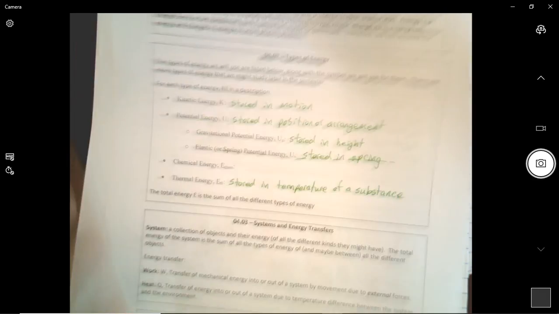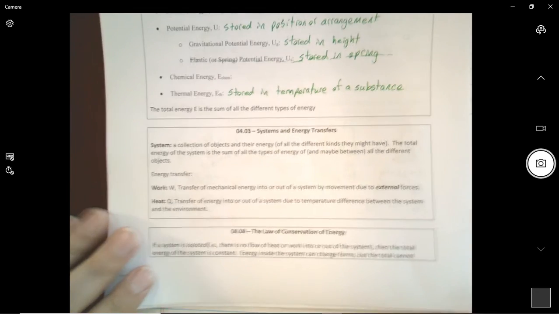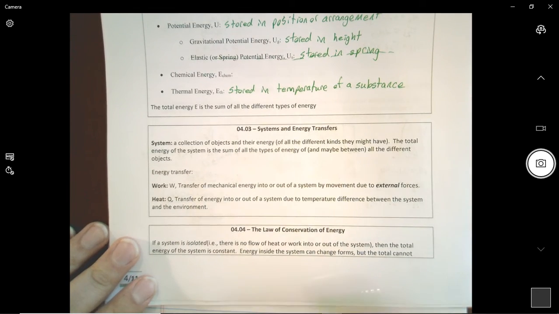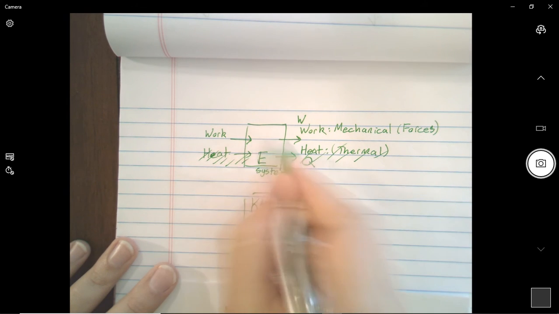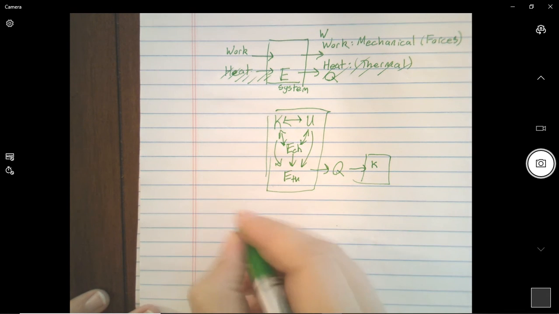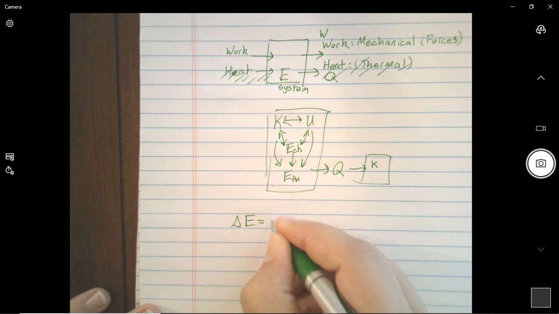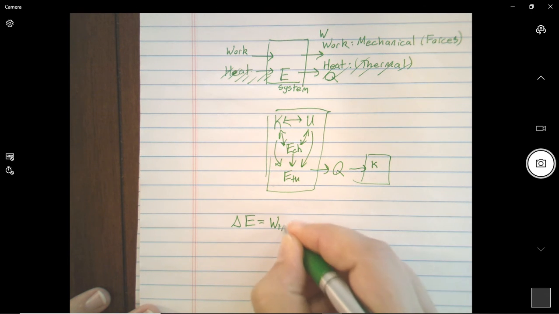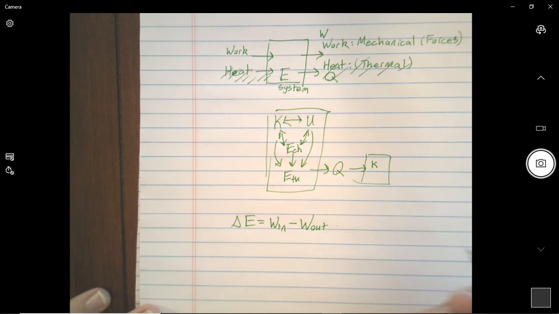So let's talk about this box and how it pertains to energy being conserved. Well, if energy can only change if it goes inside or outside of our box, then the change of energy is going to be equal to the work coming in minus the work going out.